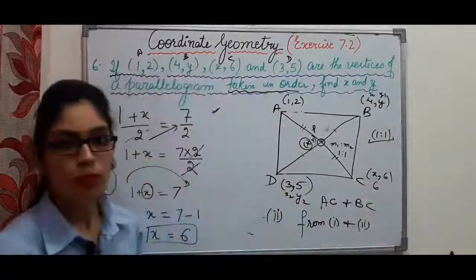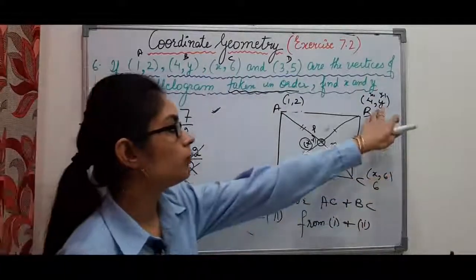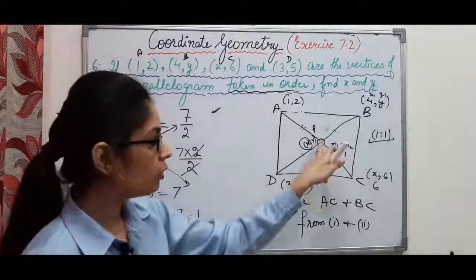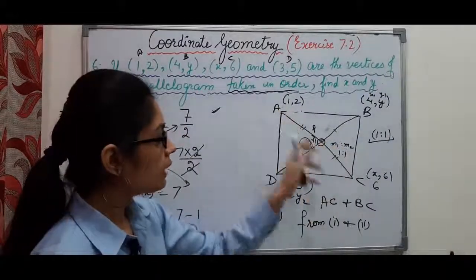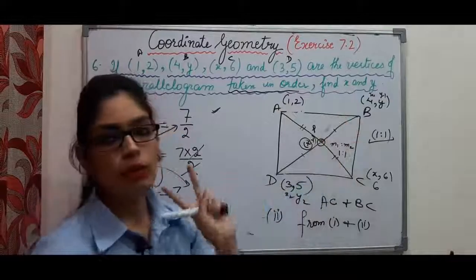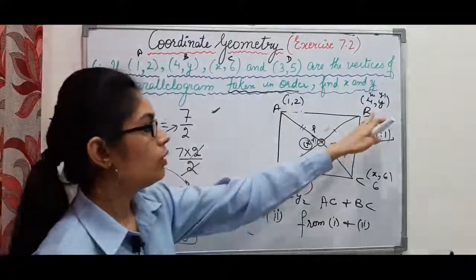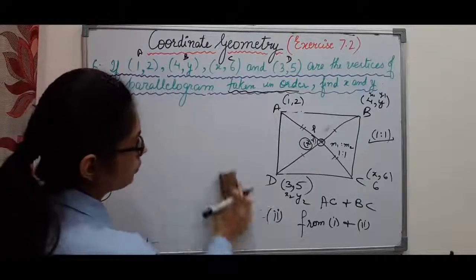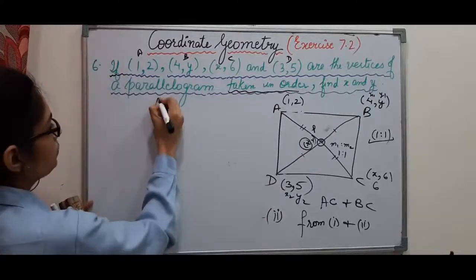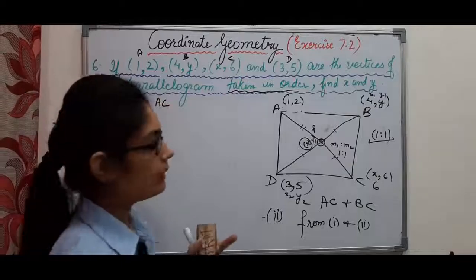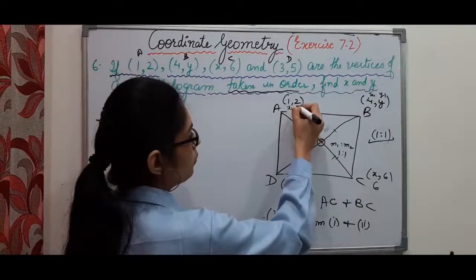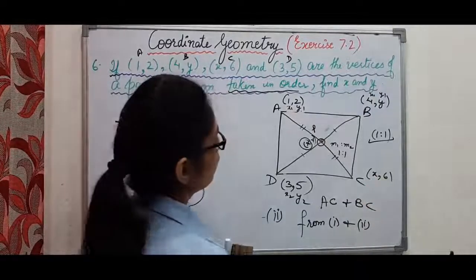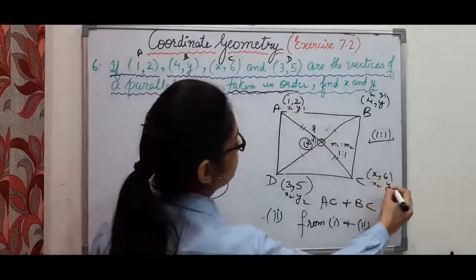Now in the same way we will find the value of this y, because this is the same point, a common point for these two lines AC and BD. So we will write two values of y and then compare them. Let's start with the first value first. On line AC, this is x1, y1, this is x2, y2.